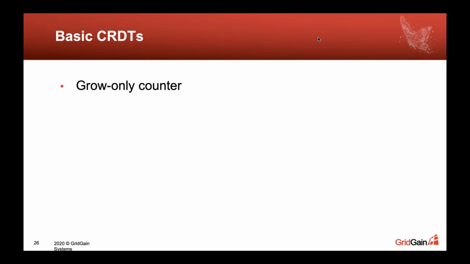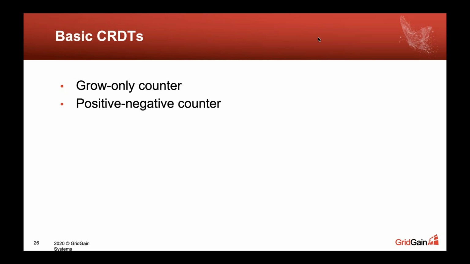So first of all, the first CRDT, which is very basic and quite easy to understand, is a grow-only counter. So essentially, you increment a register in your cache, and when you get a conflict, you always select a maximum value, since it's a grow-only counter. A positive-negative counter is essentially a pair of two grow-only counters.